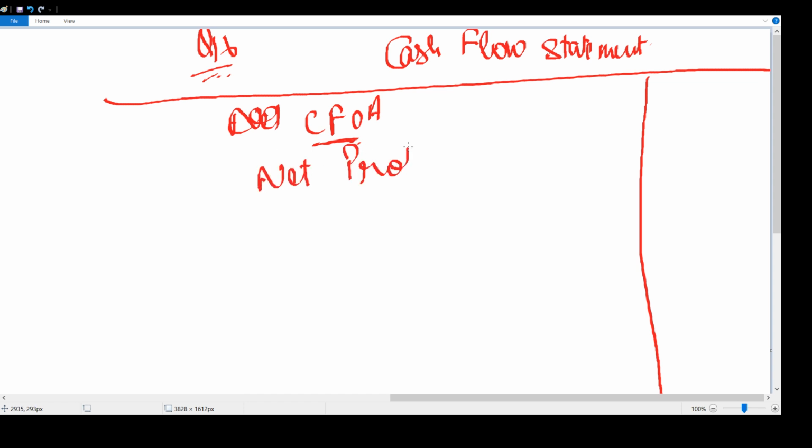Net profits 3 lakh 60,000. Now we have to prepare a working note for what?